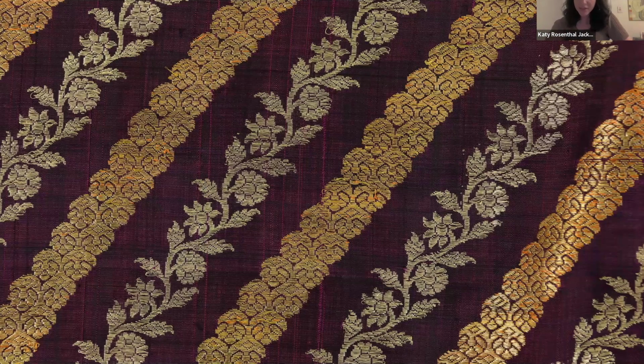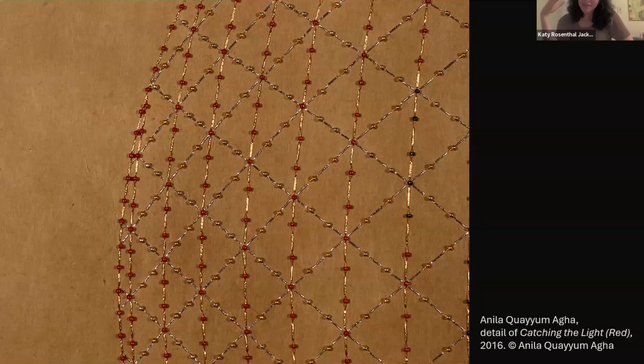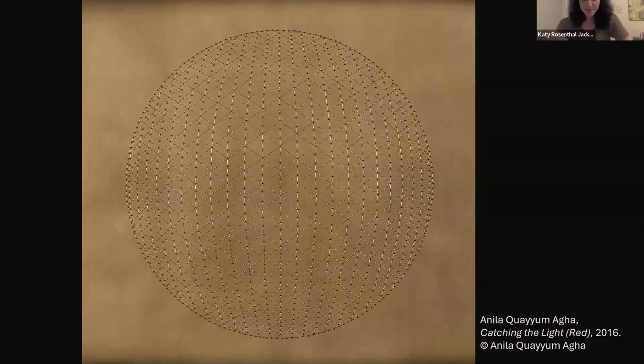And comparing it with one of Agha's pieces, we can appreciate that this really subtle interplay of shifting metallic tones and the effect that that has when it's paired with very carefully plotted diagonal line work, the dimensionality and movement that it adds really has the capacity to make these most fundamental geometric forms pulse with life.